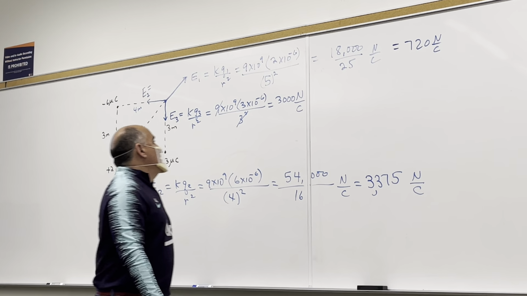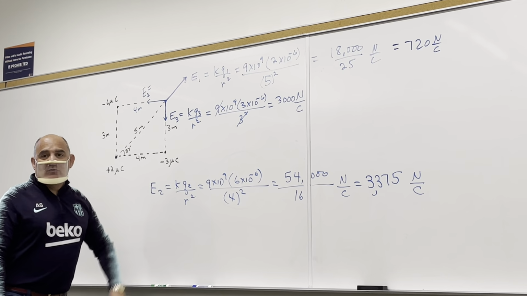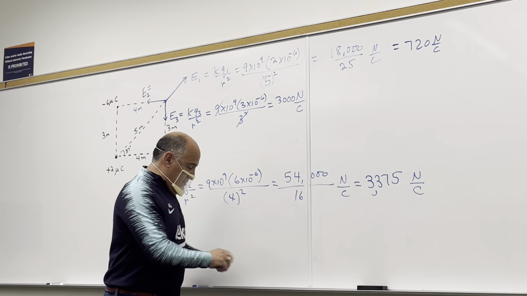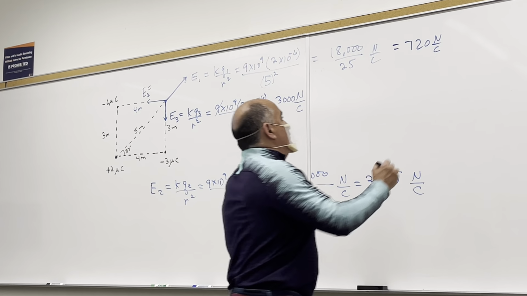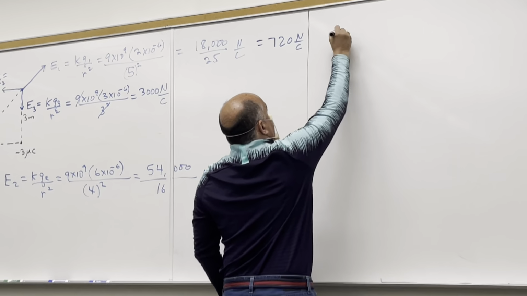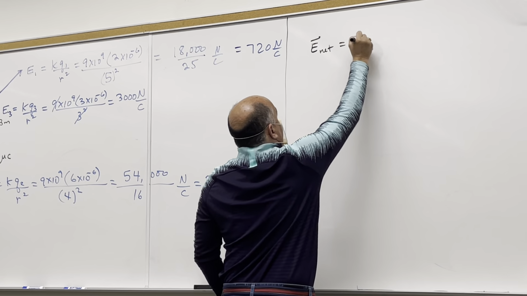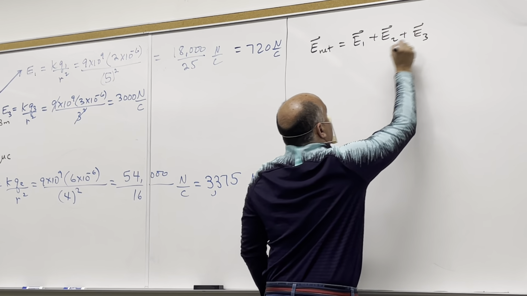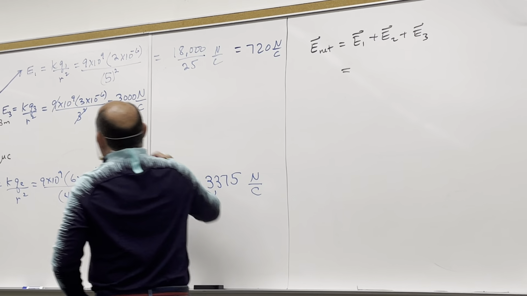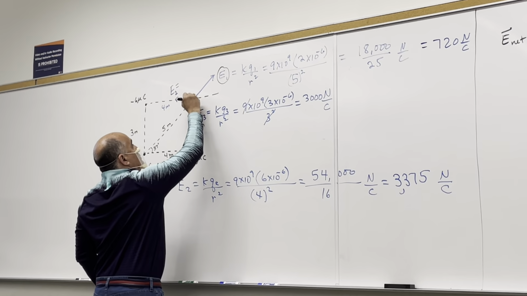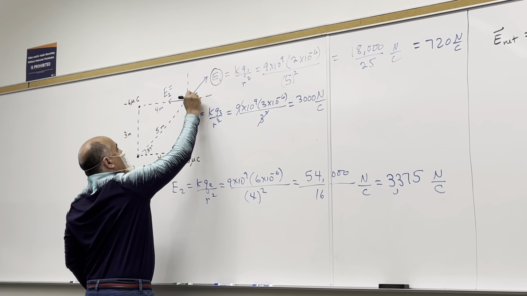All right. So what we need to do is add those 3 vectors. We can therefore write, E net will be E1 plus E2 plus E3. E1 is this one, right? This angle here is 37 degrees, right?